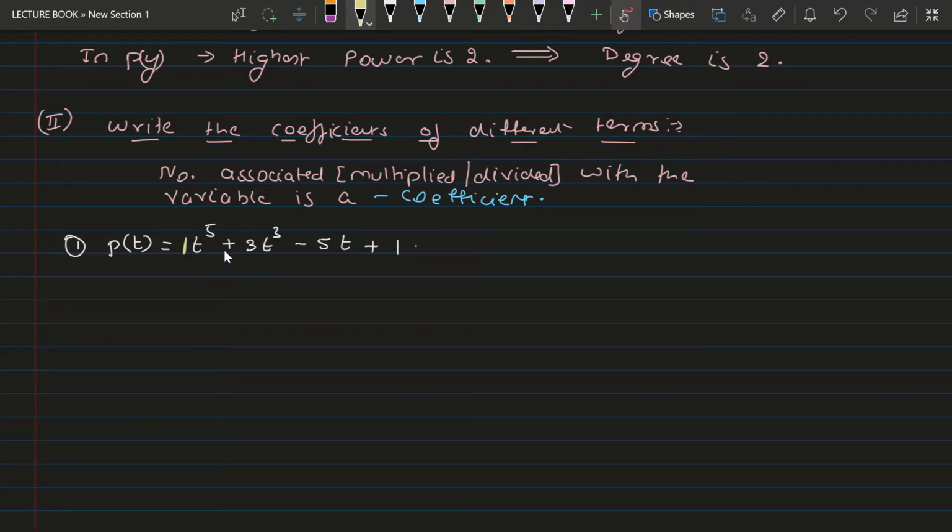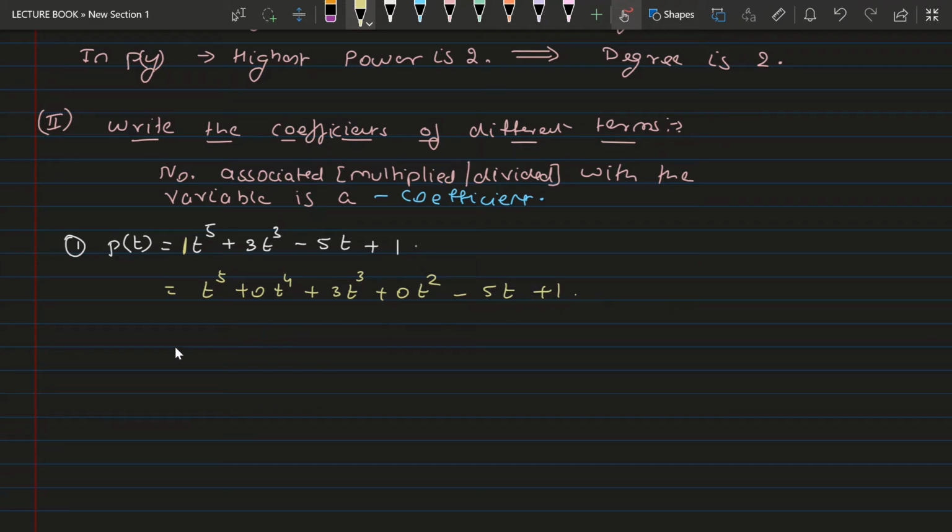Again, there is no element of t raised to 4 and t raised to 2. So first we have to adjust this in terms of all the powers of t, starting from the highest power, which is 5, until the constant number, which is 1. What do we get in such a case? It will become t raised to 5, 0t raised to 4, 3t cube, 0t square, minus 5t and 1.